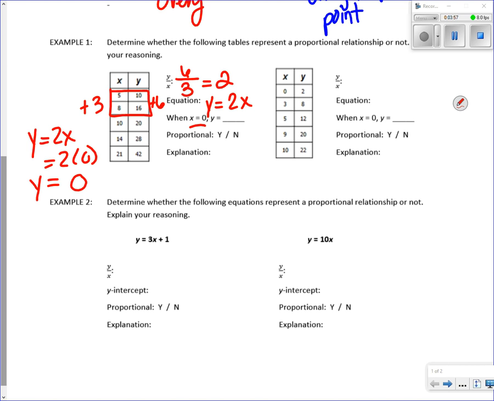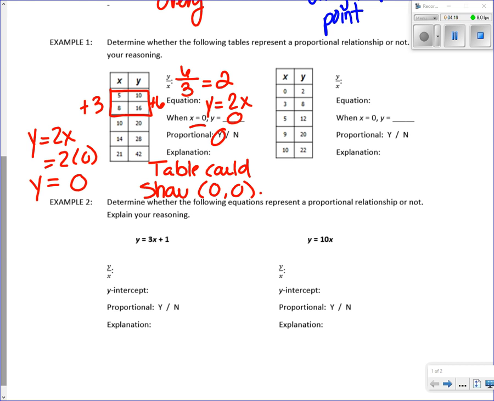Your y is also going to be 0. So we know that it is proportional, and we can explain because the table could show 0, 0. It doesn't, but just because it doesn't show it doesn't mean that it's not proportional. We can back it up or substitute and prove that it does.